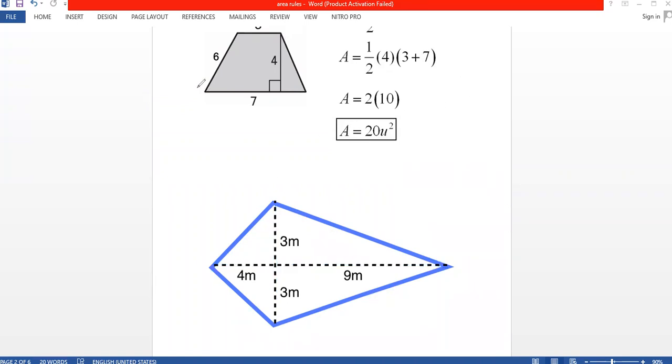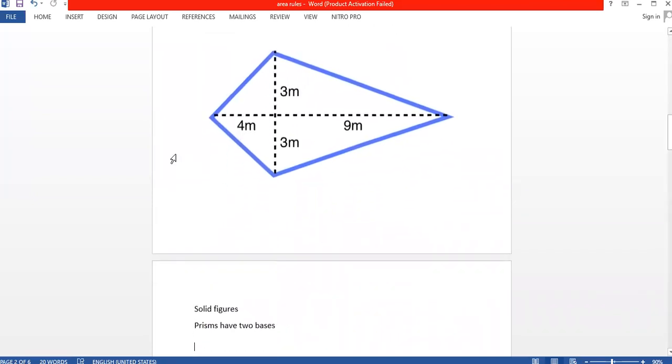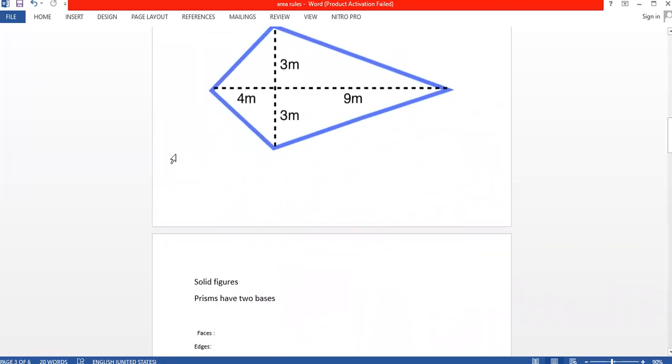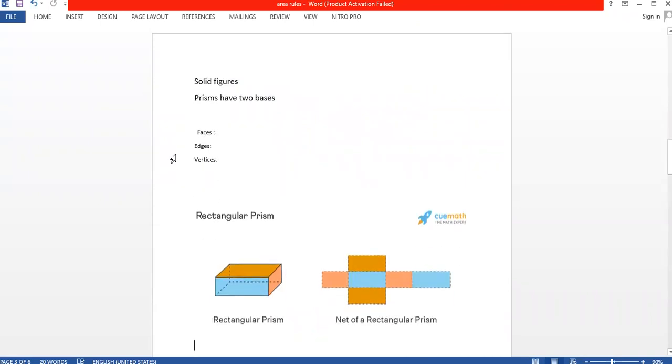Now let's discuss some solids. Here we have to discuss prisms and pyramids. First of all, you should know that prisms have two bases, and the prism's name is according to its bases. Now, the most common one is the rectangular prism.